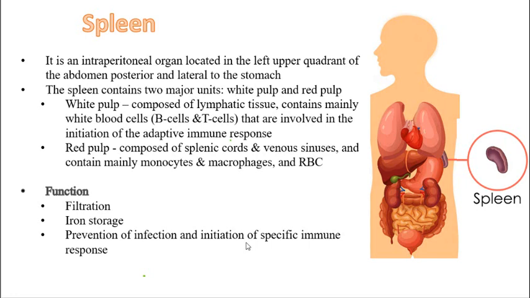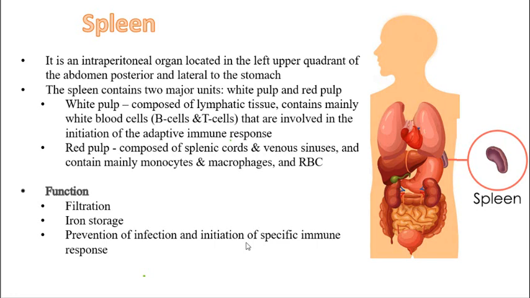In addition to that, the function of the spleen is prevention of infection. Infection prevention occurs by two major mechanisms. One is that phagocytes monitor the lymph as it passes through the spleen for any sign of antigens or pathogens, and they engulf and destroy them.